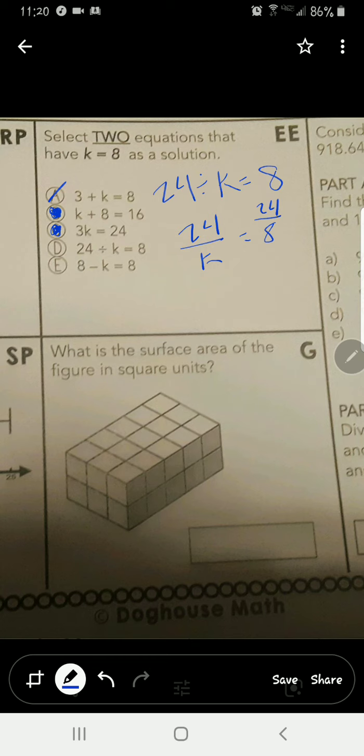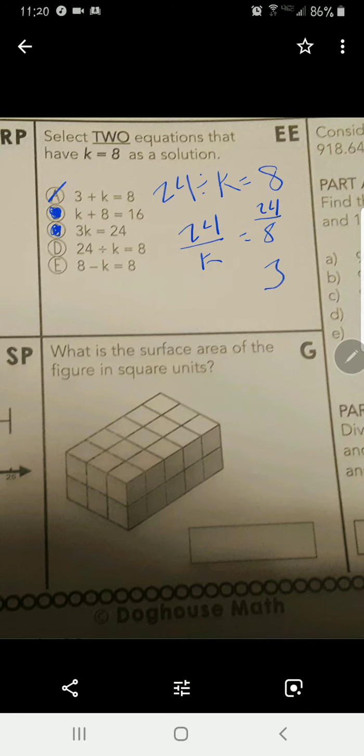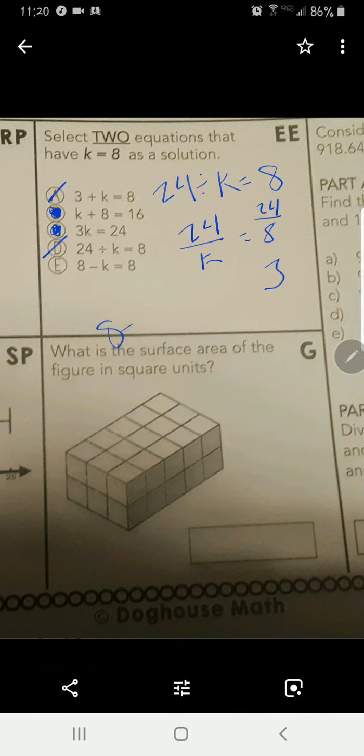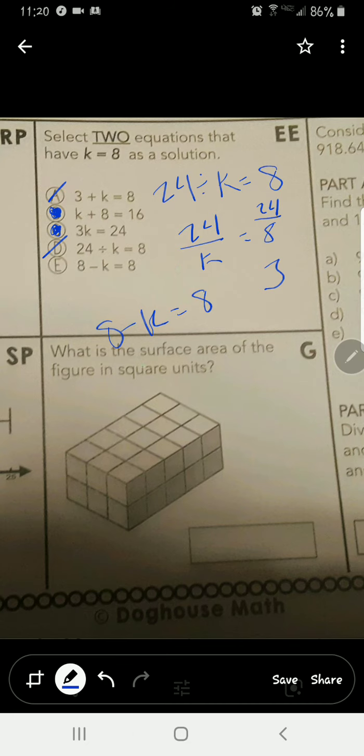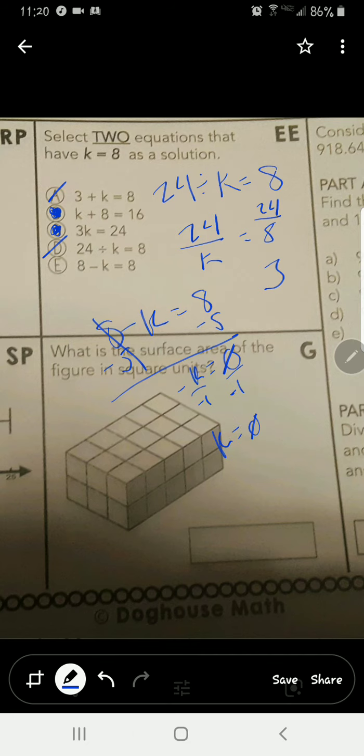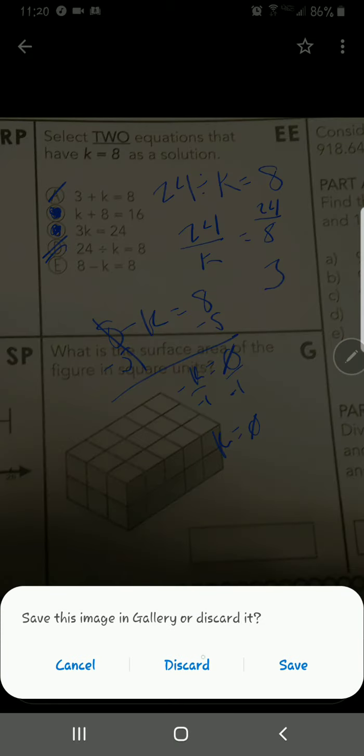So 24 divided by 8 is 3. So D is not it. And 8 minus k equals 8. Let's go inverse operations. Minus 8, minus 8, going to equal 0. 0 equals negative k, divided by negative 1, divided by negative 1. Just be 0 still equals k. So E's not it either. Got our answers.